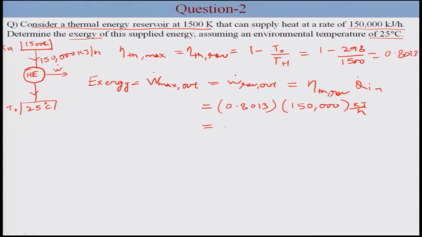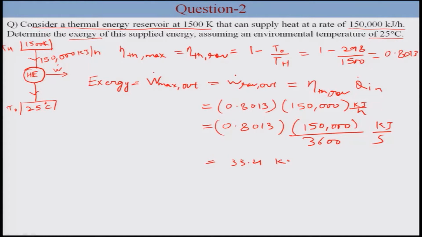So this is equal to 0.8013 multiplied by, converting hour into second, 150,000 divided by 3600 kilojoule per second, and this comes out to be 33.4 kilowatt. So this is the exergy of the supplied energy.